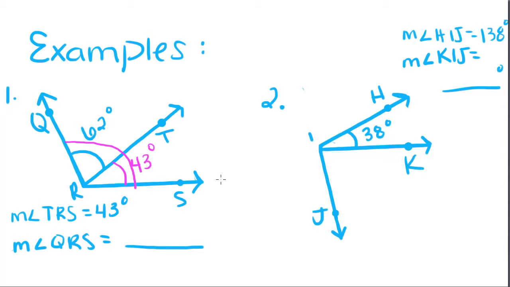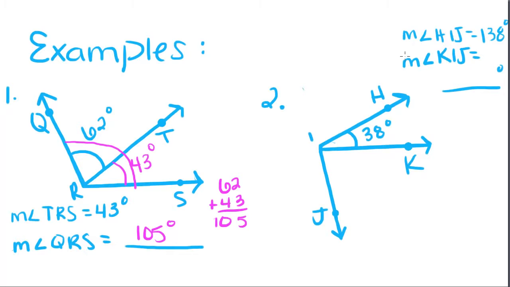So I can take 62 plus 43, and I get 105. So the big angle, angle QRS, is equal to 105.